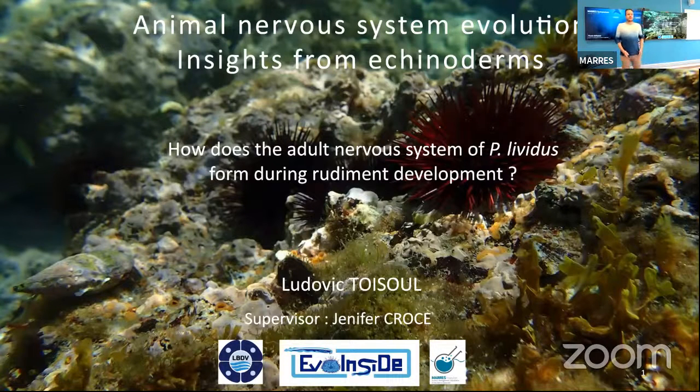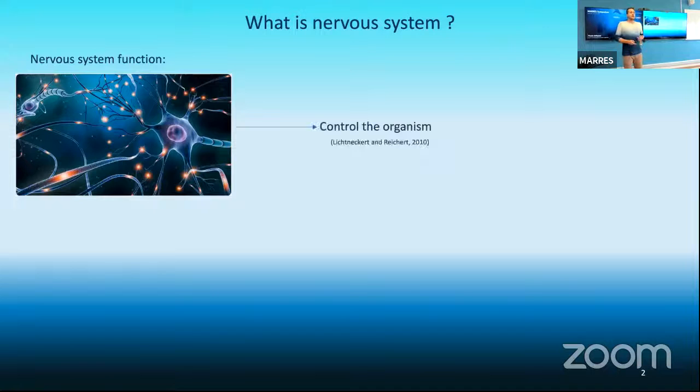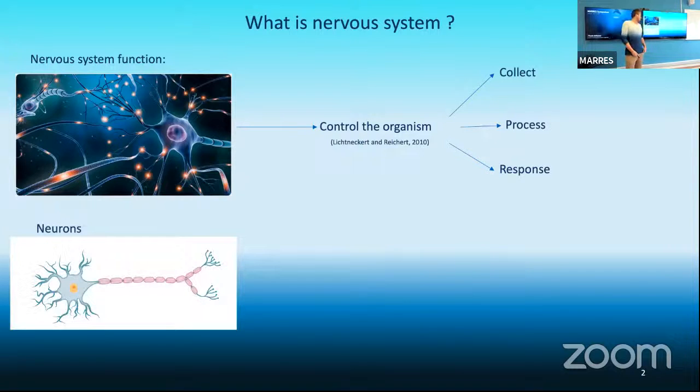And here I'm going to give you a quick introduction about what the nervous system is. The nervous system's function is to give control to the organism in order to be able to collect, process, and respond to sensory stimuli. The nervous system is also composed of cells, named neurons, that can be easily identified by their cellular components, such as the cell body, from which an axon will extend.